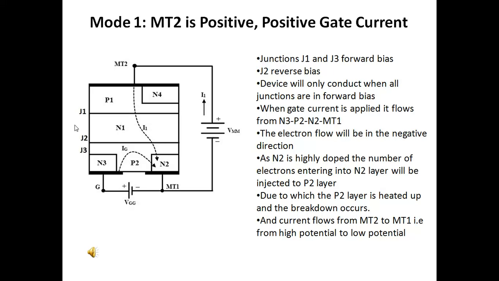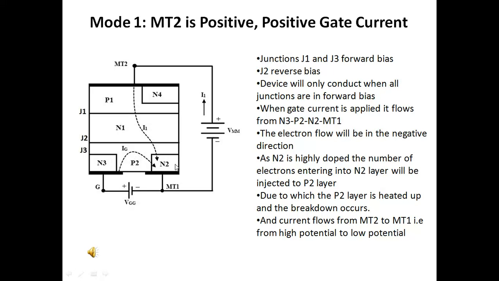When a particular gate current is applied, the gate current flows from N3 to P2 to N2, then to the MT1 terminal. If the gate current flows in this direction, the electron flow will be in the opposite direction, or the negative direction. Electrons flow from N2, then P2, then N3.